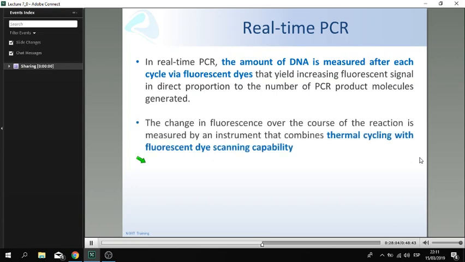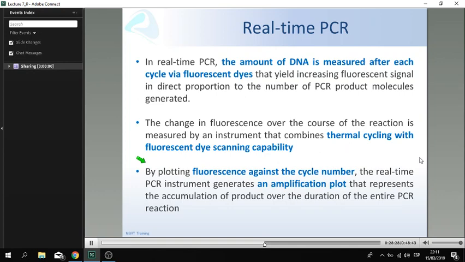For this, we need a special instrument. We are again using a thermal cycler that can do the cycling of all the temperatures, but this instrument also needs fluorescent dye scanning capability. It has to be able to scan across our tubes or wells and measure the amount of fluorescence coming from each sample.